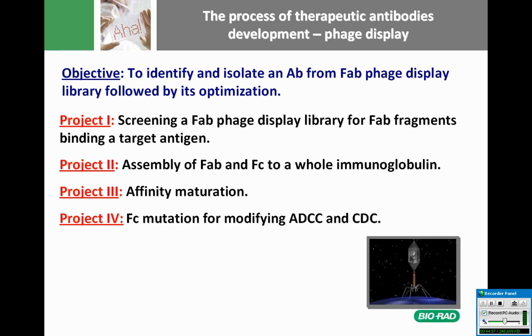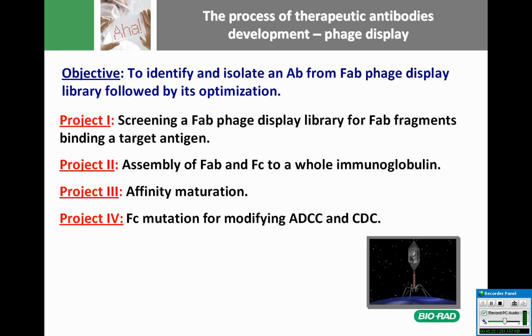And the starting point is a phage display library of phages displaying a Fab fragment. And it's a big project that is composed of 4 sub-projects, which are described in this slide. So the first project is just to screen for finding the best Fab fragment having the highest affinity for the antigen.